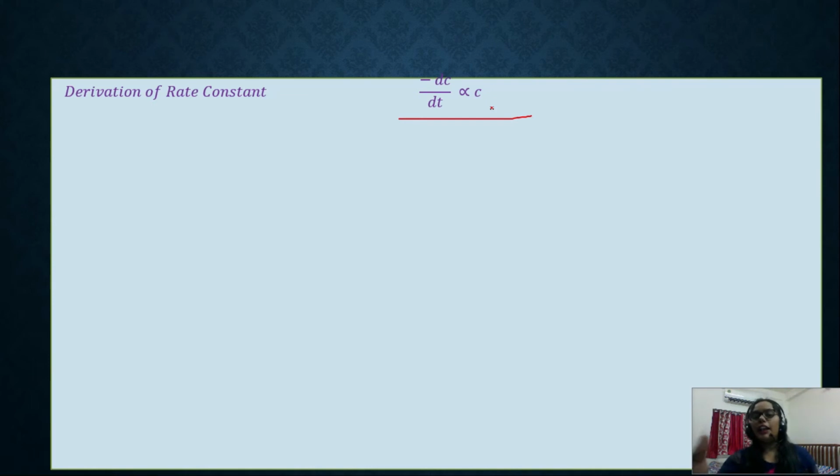I will tell you why it is minus. C is the concentration of oxygen at time t. So dC by dt means the change of concentration of oxygen with respect to time.